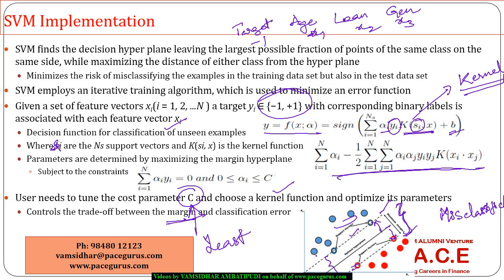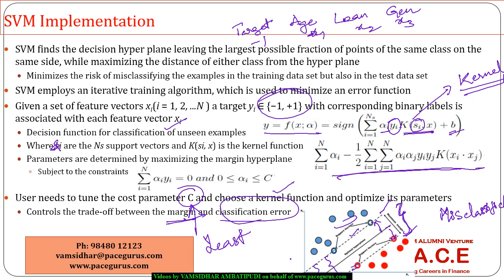So we are talking about maximizing the margin between the two groups, but at the same time I want the misclassification error to be the least possible. So we are trying to get into the trade-off between these two activities.